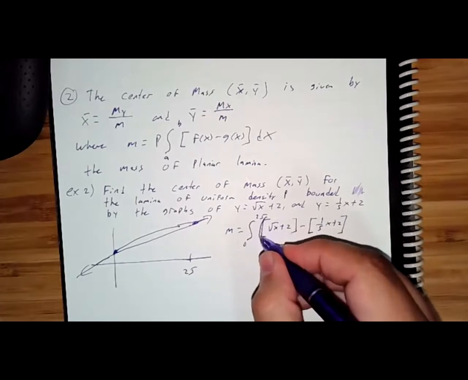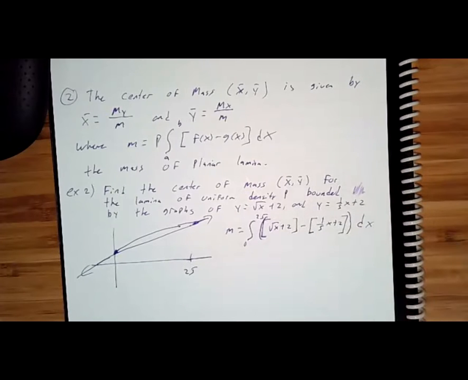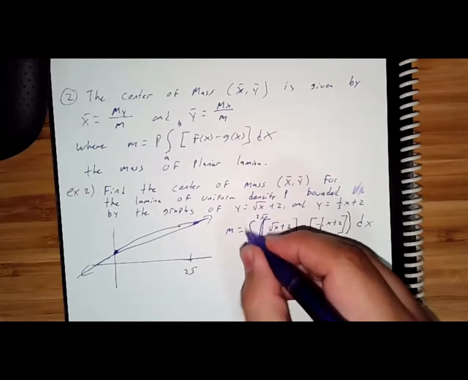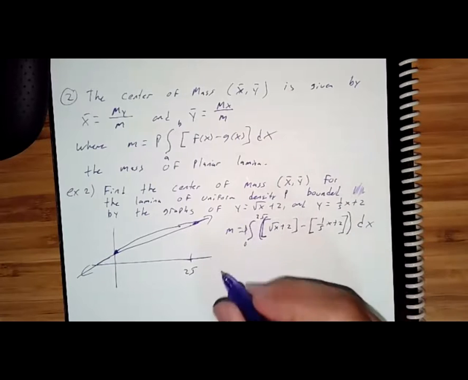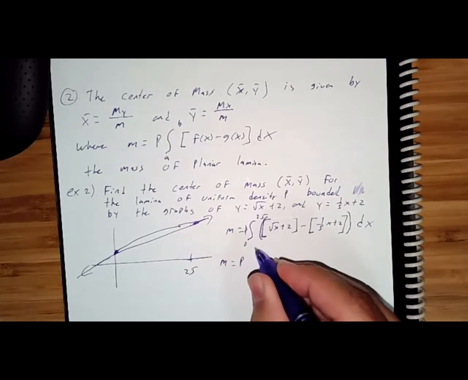Solve this dx. Okay, so that's times p though, right? We don't know what p is. So m will equal p times that integral.